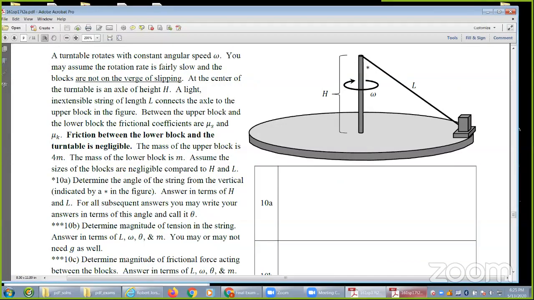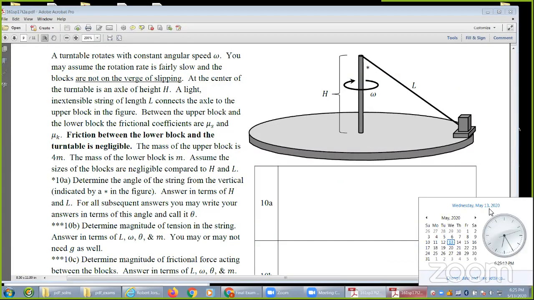So I'm just giving you a second to draw your own FBDs. I'll give you about 45 seconds. You can write the force equations too. That's good practice.